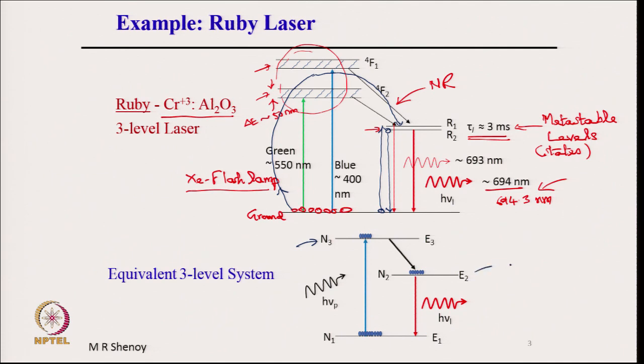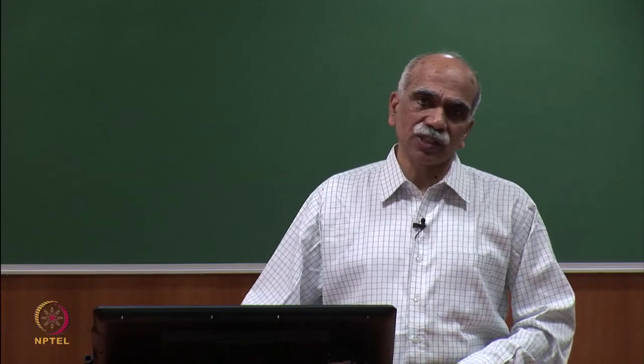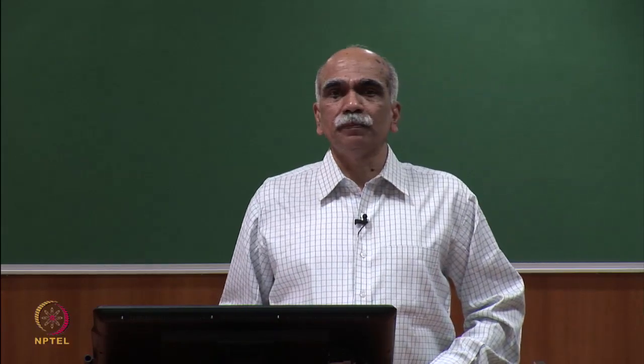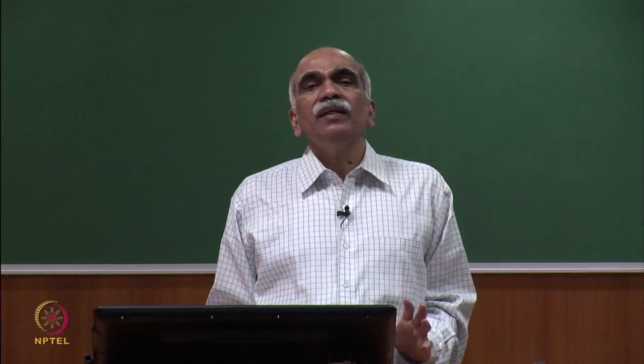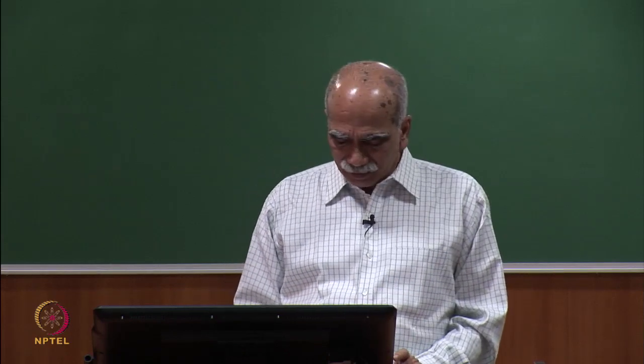Again, just to repeat, if the intermediate second level has a long lifetime or becomes a metastable state, then atoms can get accumulated here and create population inversion, which is the necessary condition for amplification by stimulated emission. With this picture in mind, let us write down the rate equations.